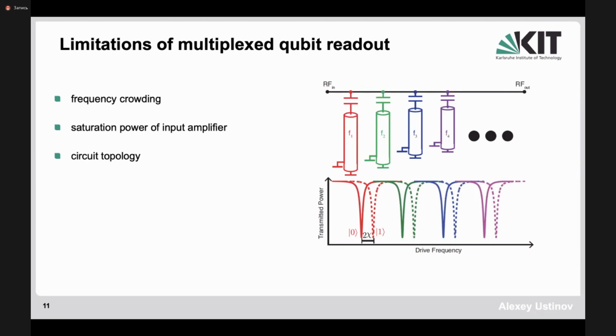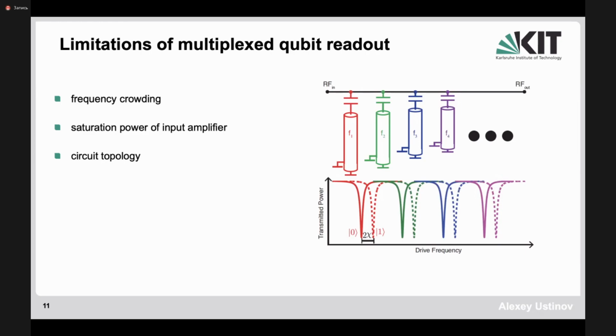I will explain a little more about parametric amplification a bit later, but it turns out that the saturation power, which means the range of linearity of the amplifier, is not that large. In particular, for parametric amplifiers, it is only around 20 dB. So you cannot amplify an arbitrarily large signal. If you need more resonators, you need more power of your signal in different frequency components, and of course, the amplifier will get quickly saturated. So this is a natural limitation for the multiplexed qubit readout.